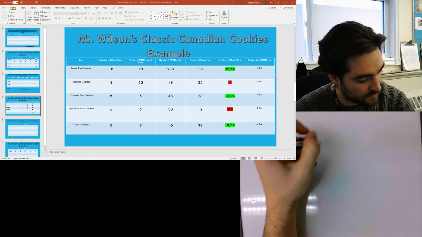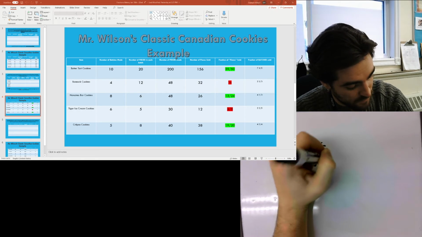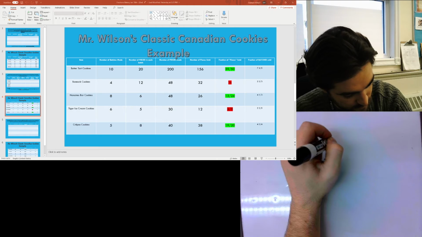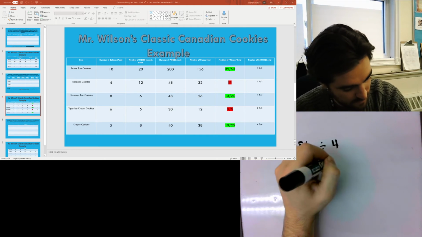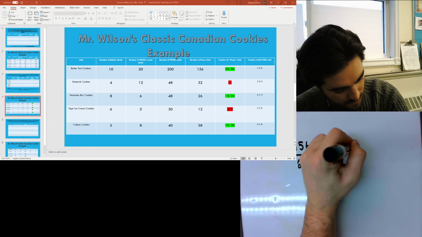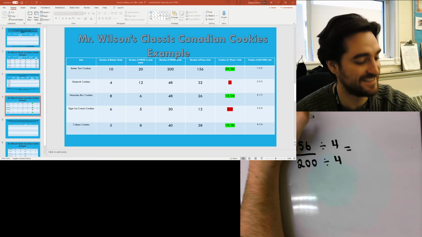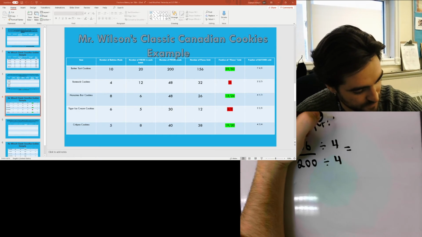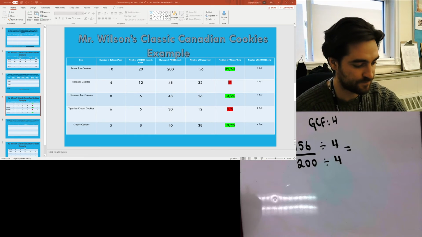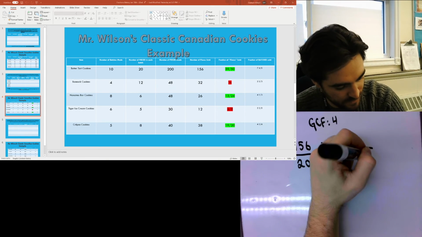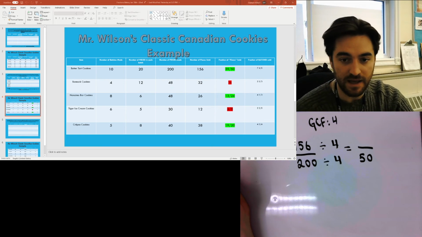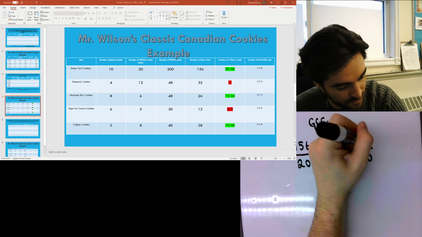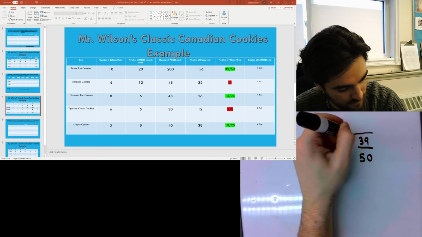So I'm going to divide my fraction by the greatest common factor, which was 4. Okay. 200 divided by 4 is 50. And 156 divided by 4 is 39.